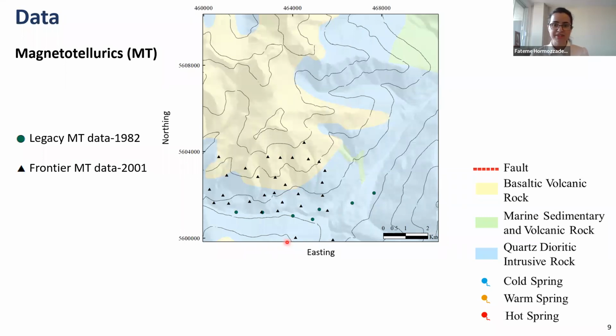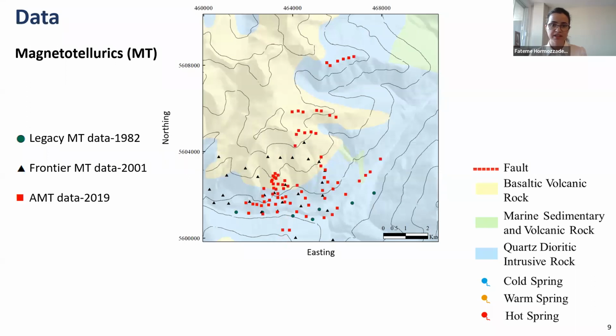As shown in the map, they covered the higher elevation areas of the South Reservoir. And the most recent one was in 2019, with 84 AMT soundings measured to study shallower structures in a denser grid. So now we saw which data we had for this project. We can go through the modeling and see the results.